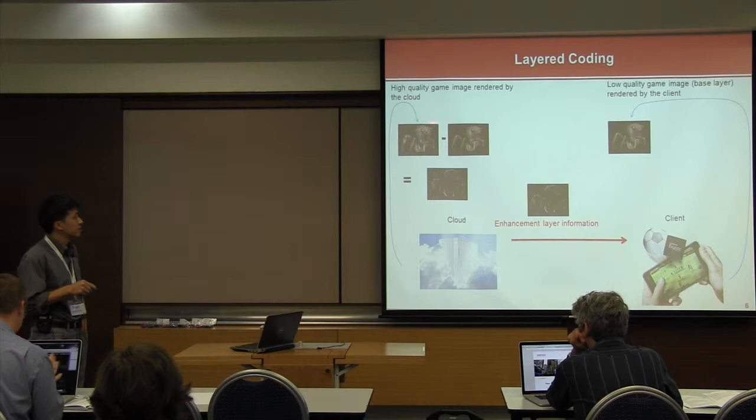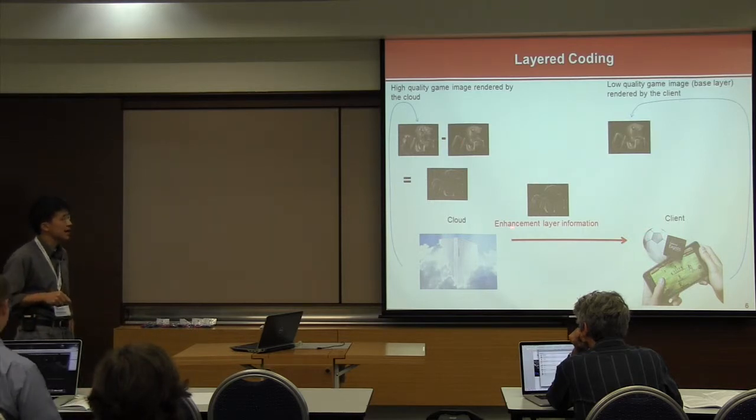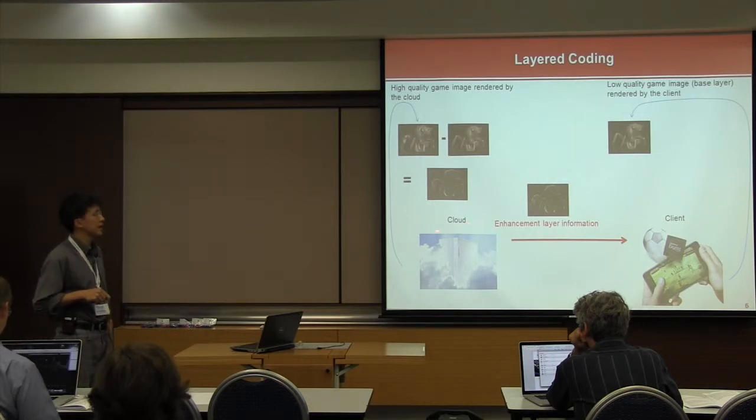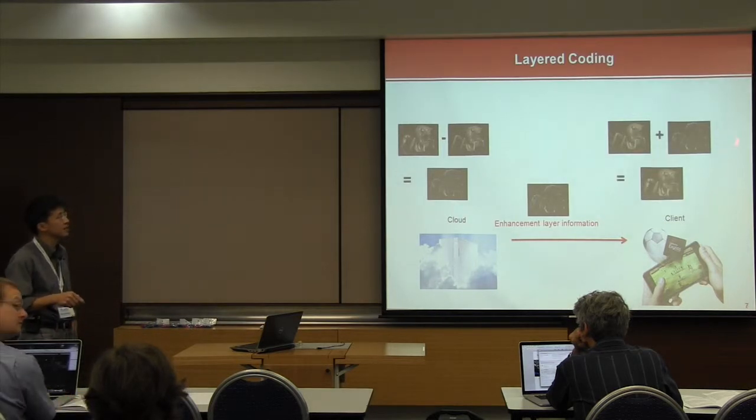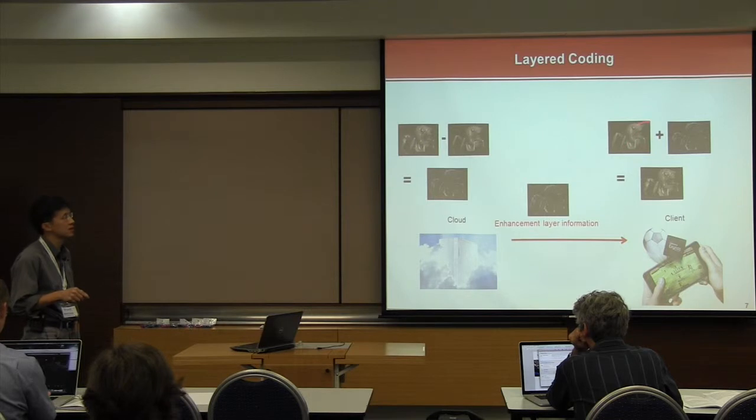And on the cloud server, instead of sending the high-quality game image directly from the cloud to the client, the cloud will generate some enhancement layer information. And in addition, the cloud will send this enhancement layer information to the client. And the client can utilize this enhancement layer information to improve the quality of the base layer image to get high-quality game content.